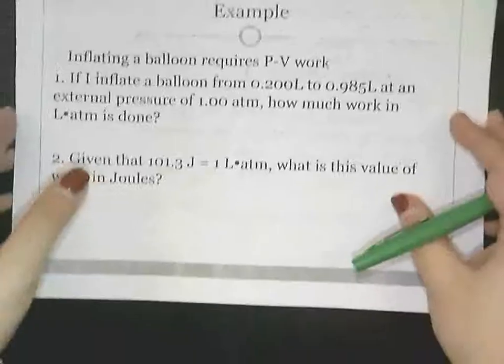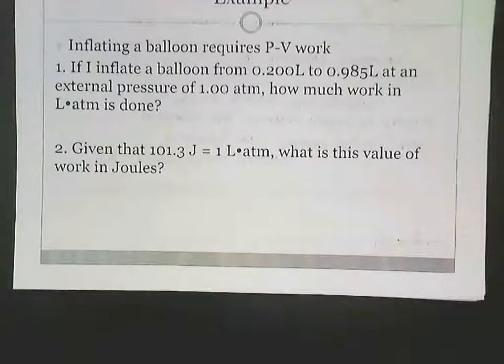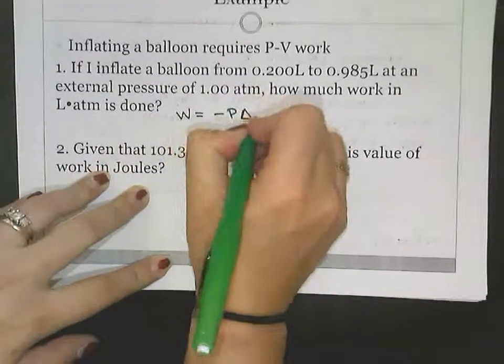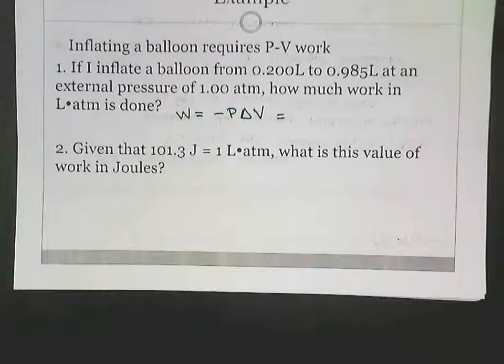All right, so I got two problems. Let's say I have a balloon that starts off at 0.2 liters and I inflate it to 0.985 liters in this room, right? So it has an external pressure of 1 atmosphere. I would like to know about the work, using the equation W equals negative P delta V. So what do I plug in for P?